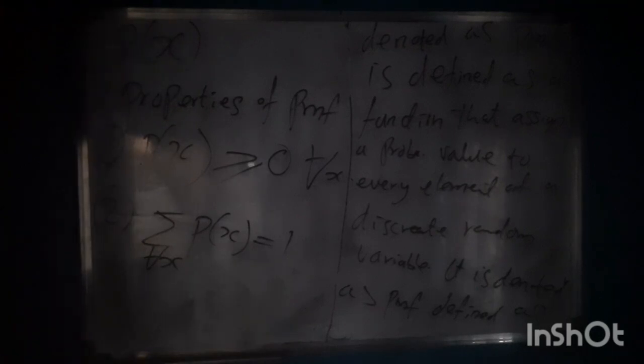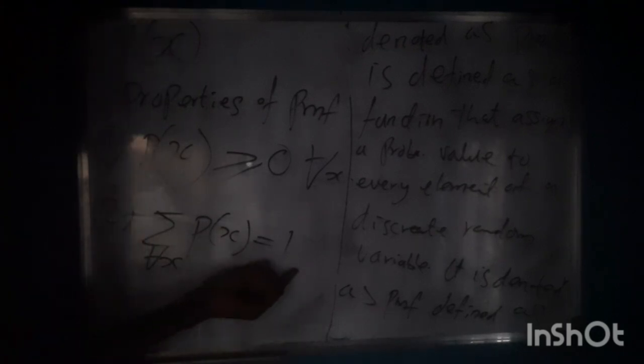And when you sum over the values of X and it gives you 1, we call it a proper PMF. But when you sum it and it is not equal to 1, that probability mass function is not a proper PMF. But when the value gives you 1, it is called a proper PMF.